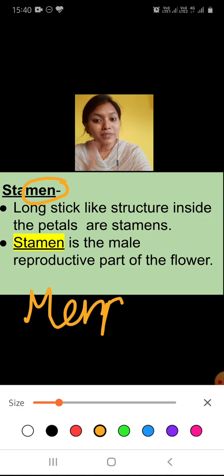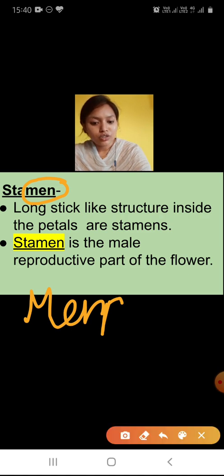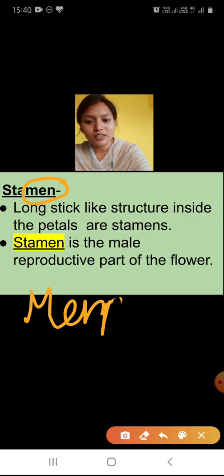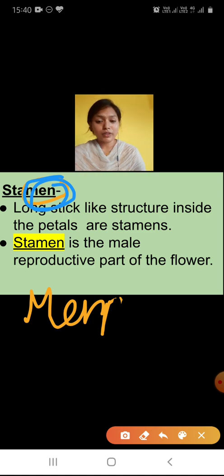So stamen has men, it is muscular. Man means male. So stamen is the male reproductive part and pistil is the female reproductive part. So two parts are there.